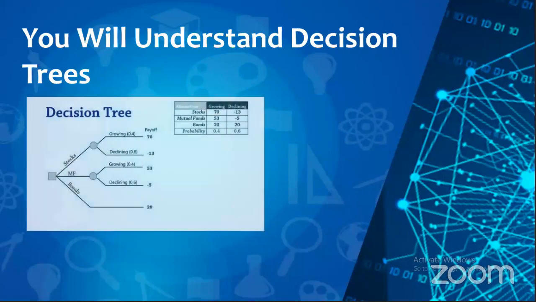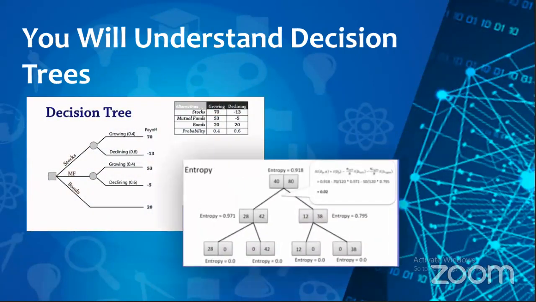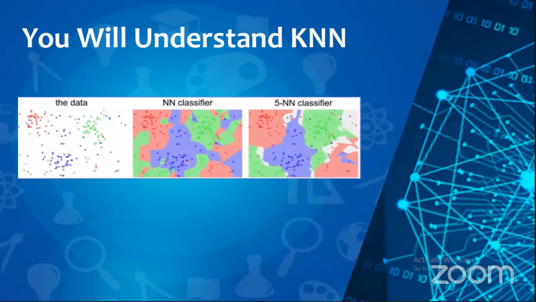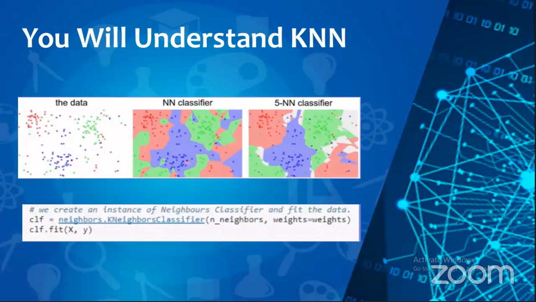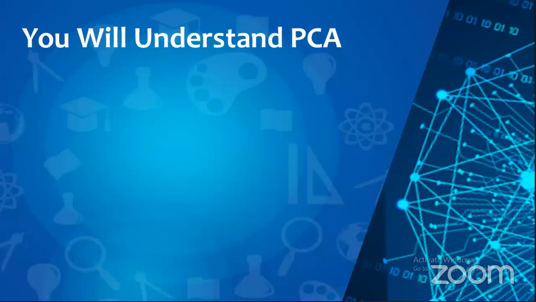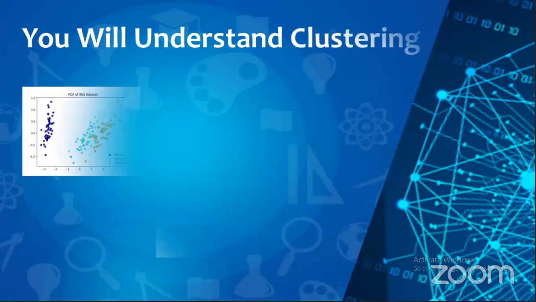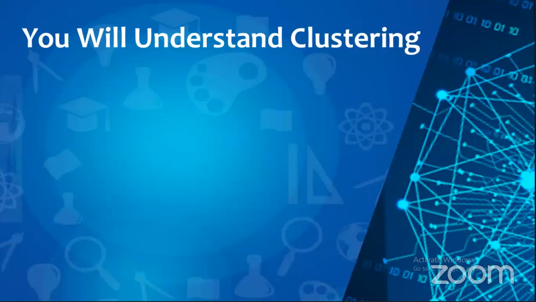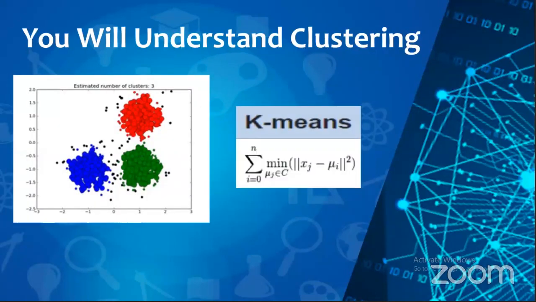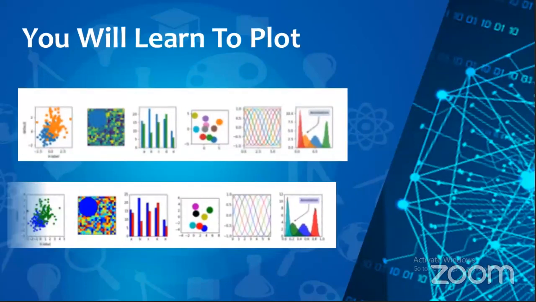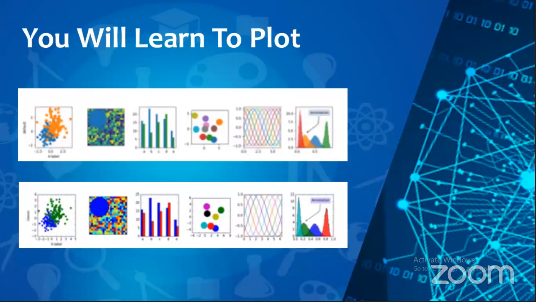Whenever we enter into decision trees, where we need to use them, where exactly these are suitable, what KNN is, what kind of K value, and how to choose the K value using the nearest neighbors, and what principal component analysis is, what kind of predictions we can do based on that, and what kind of grouping we need to do based on clustering. All kinds of algorithms I will explain, and I'll show you through visualization with the help of Matplotlib and Plotly libraries.